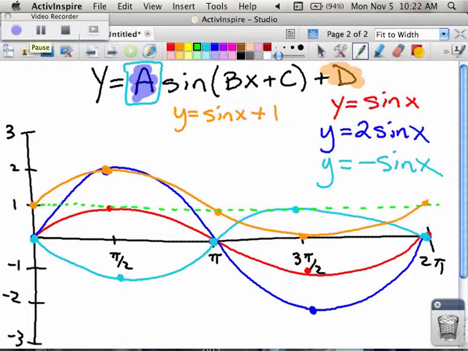Now start writing again. In this next one, I have the following. Y equals the sine of 2x. Watch carefully.